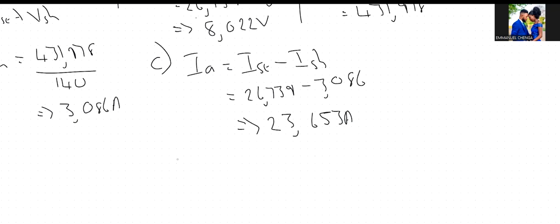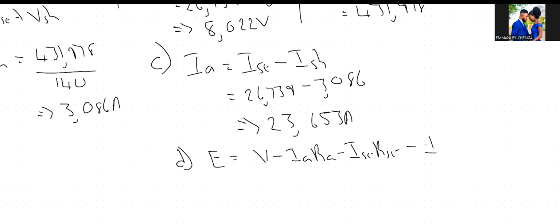And on the last part, D, they want you to find the back EMF. How do you find the back EMF on this? We said it's V minus IA RA minus I series R series. And I said if you're given the brush shift voltage, you can also include IA R brush. But we're given it as a voltage, so we just replace this with the voltage.